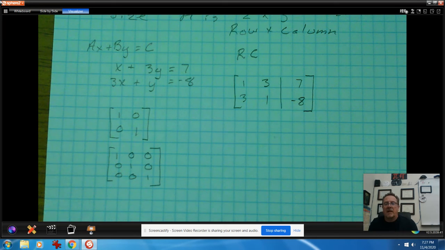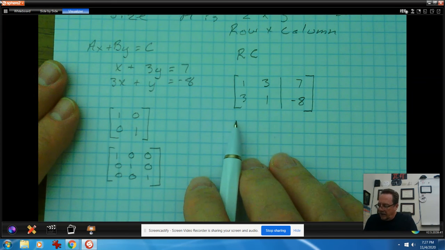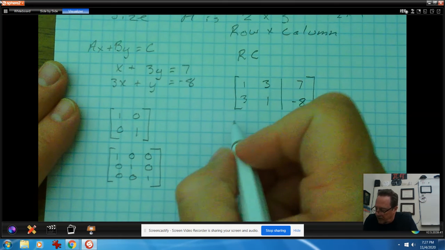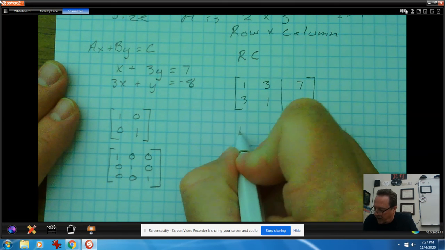It also makes it easier to program computers to do these for us. But what we can do here is I'm going to leave row 1 alone.